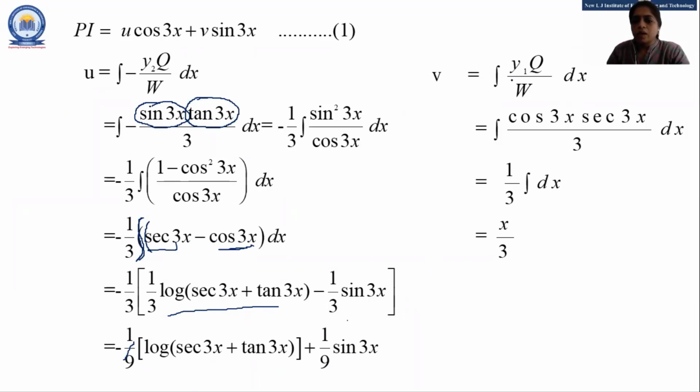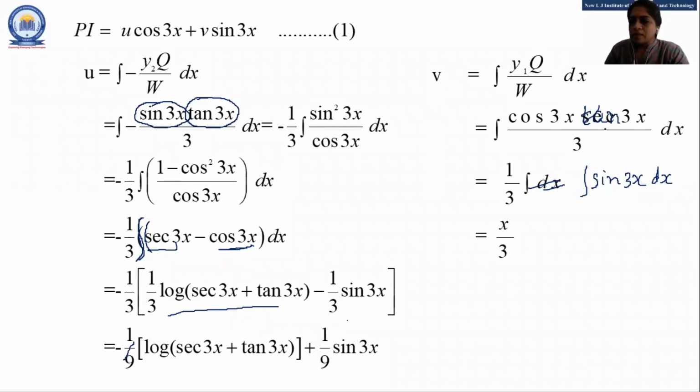And for v, the integration of y1 q upon Wronskian. y1 is cos 3x, and q is, this one is not sec, this one is tan, right? Your right hand side. So cos 3x into tan 3x. Now, cos into tan is what, students?